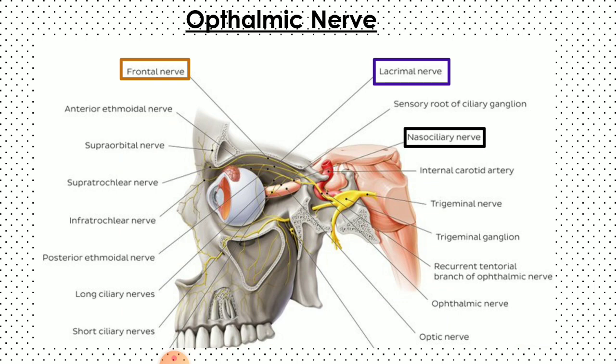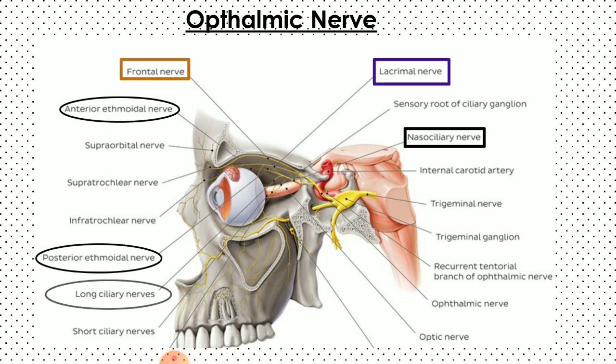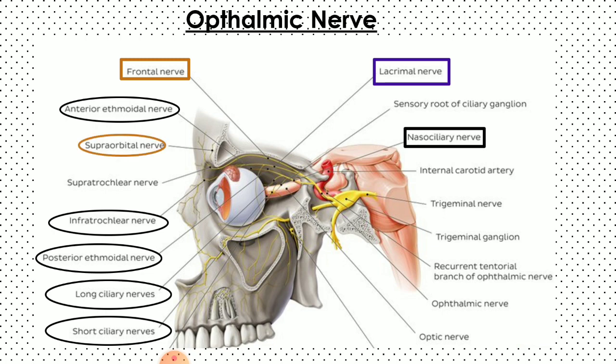The nasociliary nerve further divides into the anterior ethmoidal nerve, posterior ethmoidal nerve, long ciliary nerves, short ciliary nerves and infratrochlear nerve, whereas the frontal nerve further divides into the supraorbital nerve and supratrochlear nerve. Now let's discuss each branch one by one.